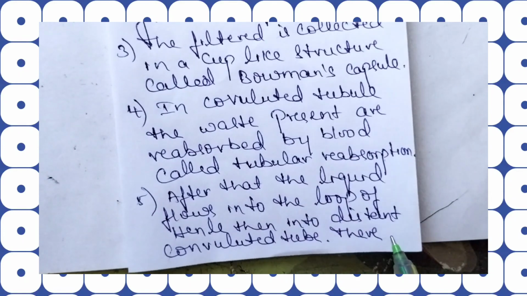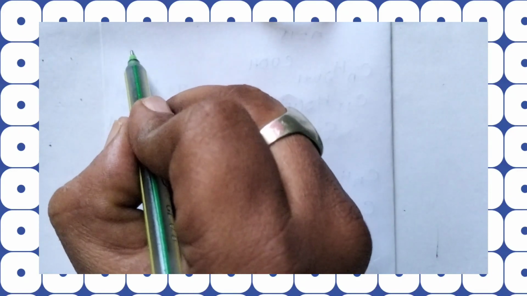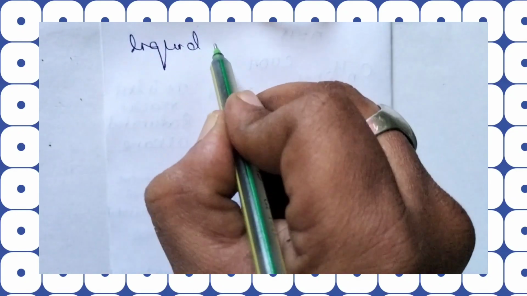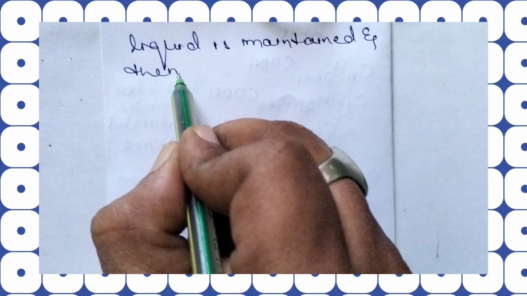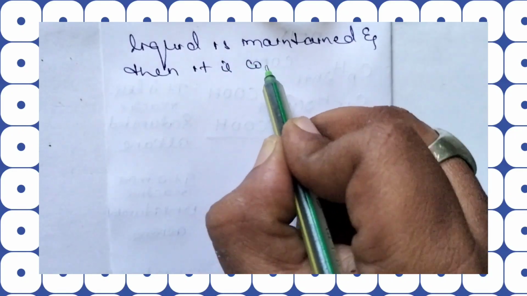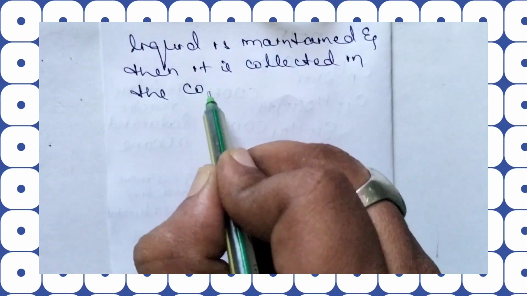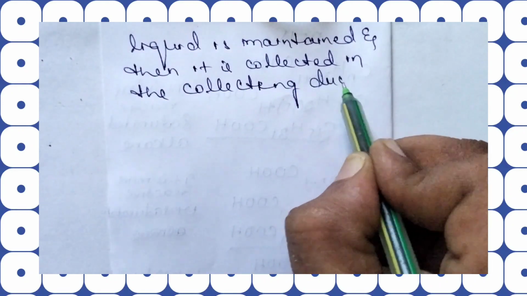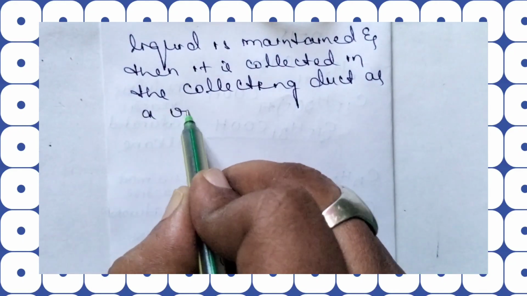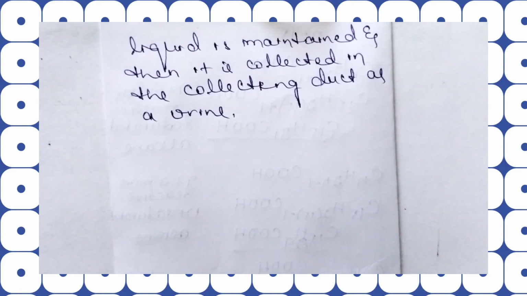There, the pH of the liquid is maintained and then it is collected in the collecting duct as urine. So like this we have to explain how urine is formed in humans.